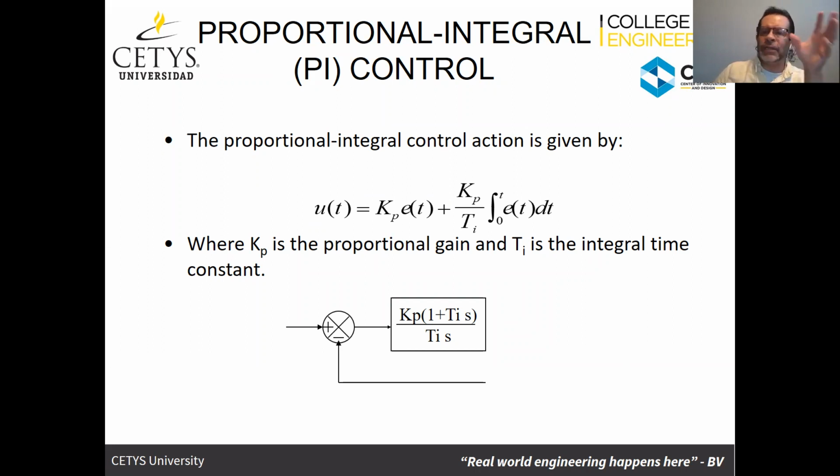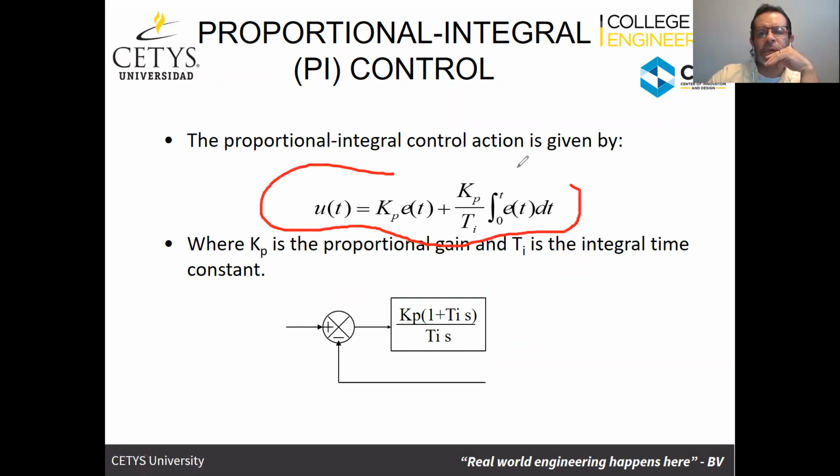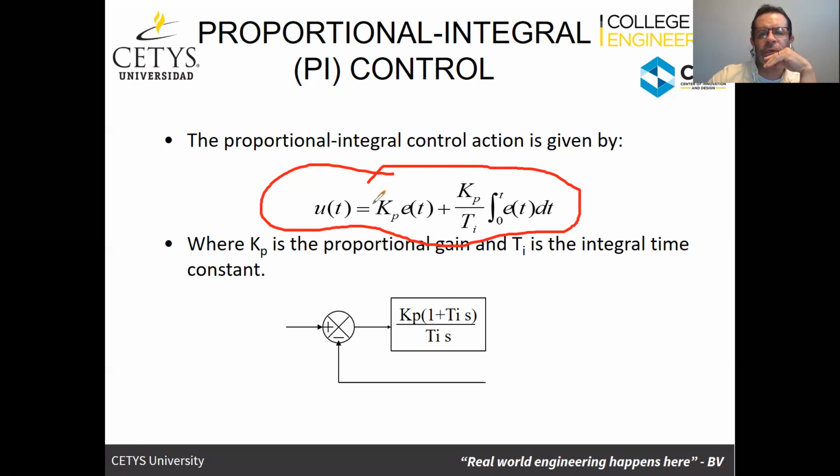So we're going to have the integral control combined with the proportional. And how is that going to look? Well, mathematically, the proportional integral action is going to be a combination of the proportional action with regards to the error, which is the same one we had in the proportional control. And now we're going to incorporate the integral of the error.